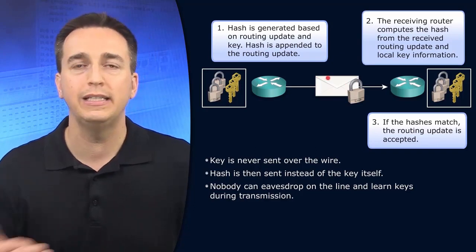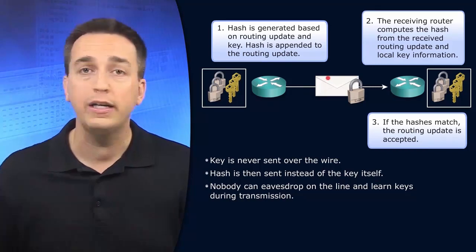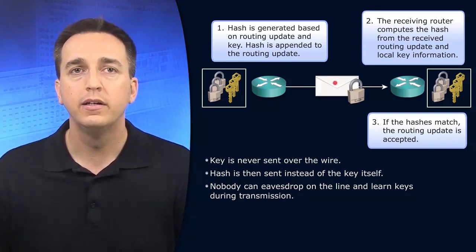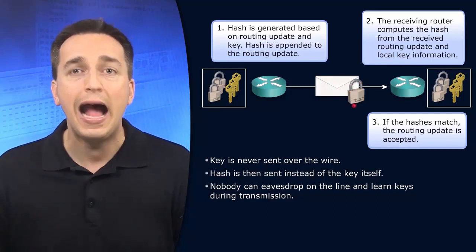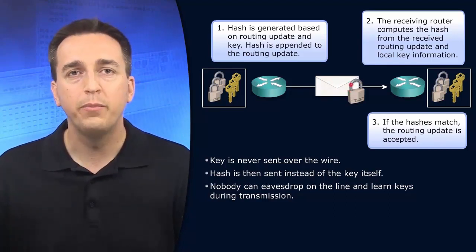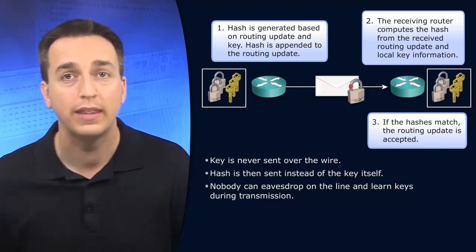So let's say we were using EIGRP in this example, and this was a hello packet or an EIGRP update. This packet would be sent in the clear. The hash would be sent in the clear, but it's this hash that's going to be utilized to make sure that the packet is authentic.